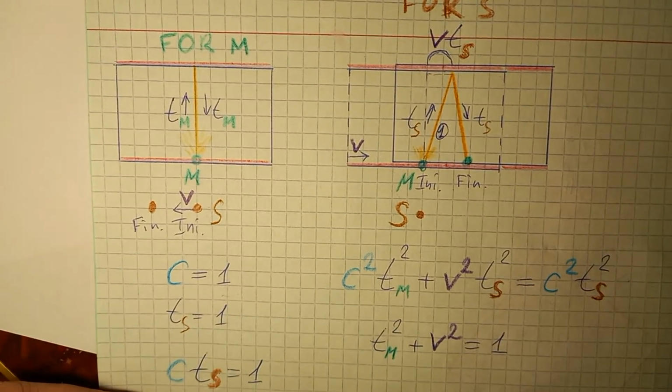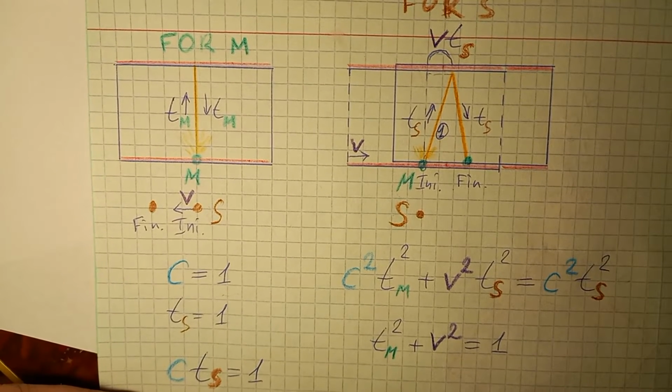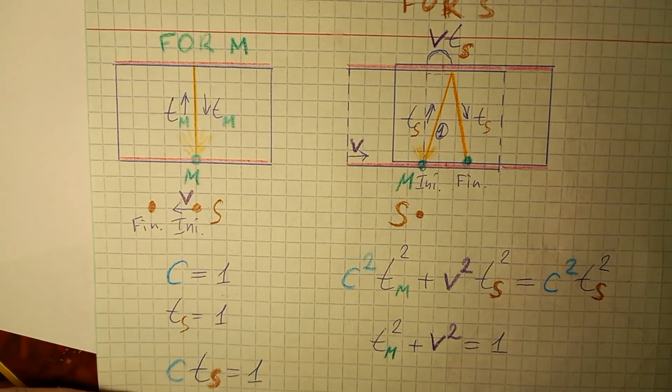We know that the speed of light is the same for both. But what is the difference? The difference is in the time that each of them experiences. And due to the Pythagorean theorem, we can easily understand that.